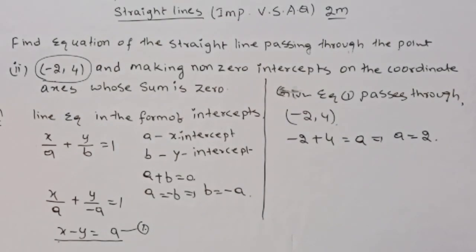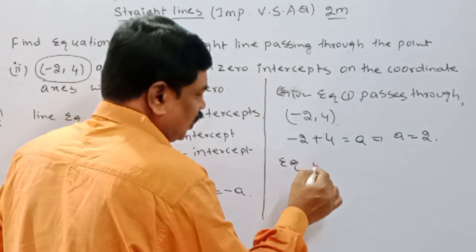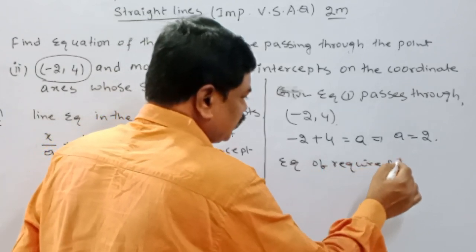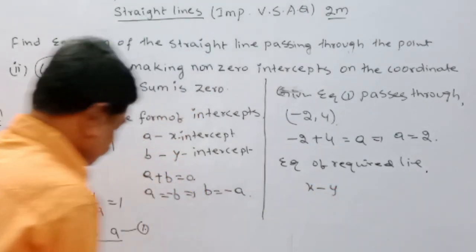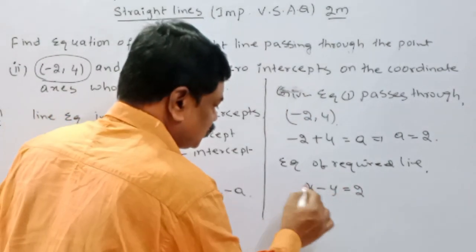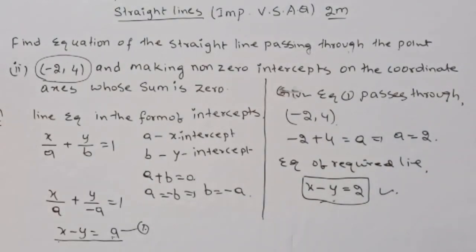Then the equation of required line, that is x minus y is equal to a, you substitute here, is equal to 2 is the required line equation. Okay, all of you, that's all.